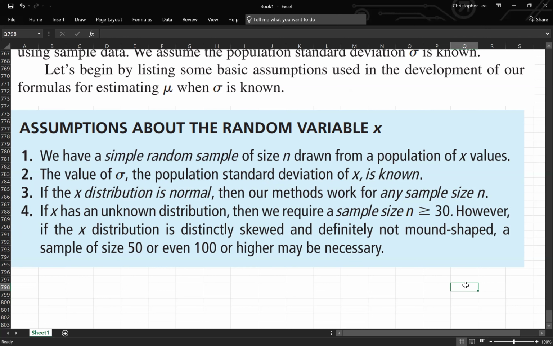If the x distribution is normal, then our methods work for any sample size n. If x has an unknown distribution, then we require a sample size n greater than or equal to 30. However, if the x distribution is distinctly skewed and definitely not mound shaped, a sample size of 50 or even 100 or higher may be necessary.